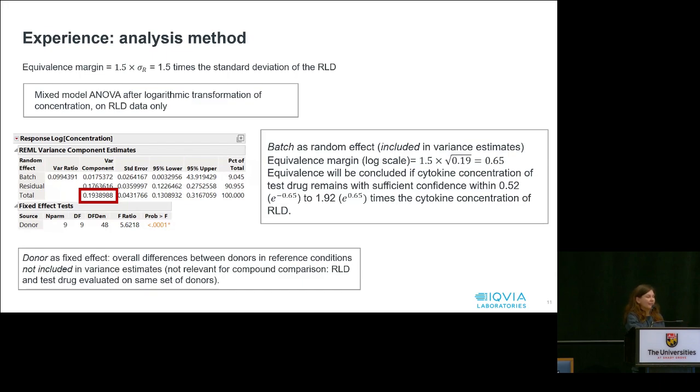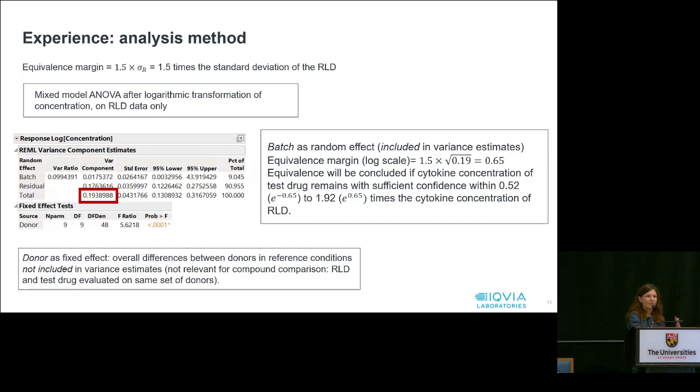So, as I said before, if you want to do a parametric test like this, we have to first log transform our concentrations, and then we can run this relatively simple mixed model, and then we can get the variance estimates that include all the sources that we want to take into account for the equivalence margin. Of course, if we want to go from variance to the standard deviation, we take the square root, and then we get our equivalence margin on a log scale.